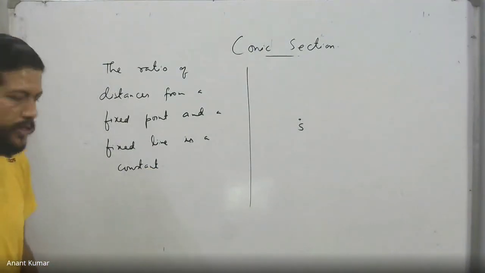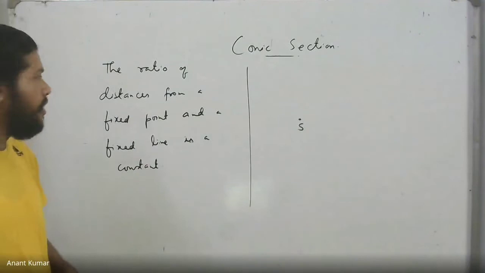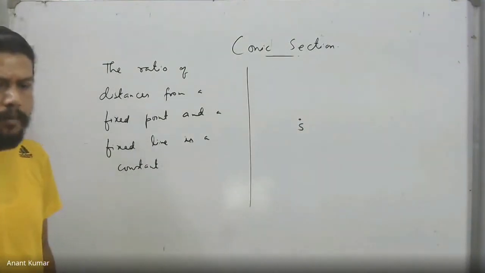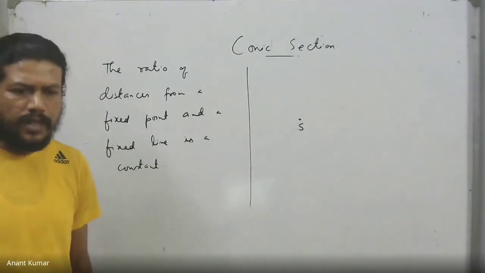That's the definition of the conic section. It's by definition the locus of a point which moves in such a way that its distance from a fixed point upon the distance from a fixed line is always the same number.